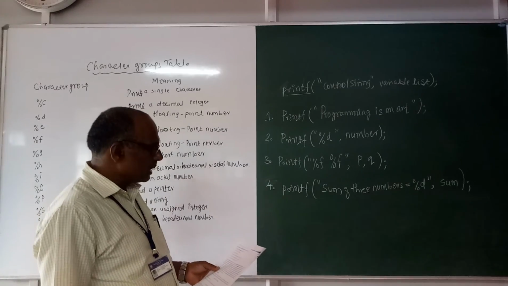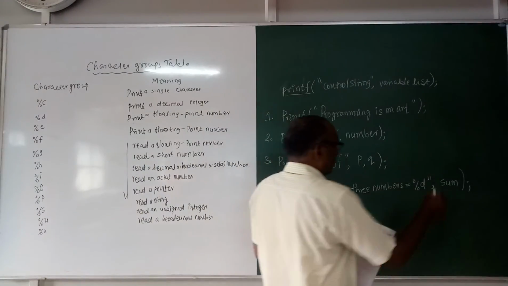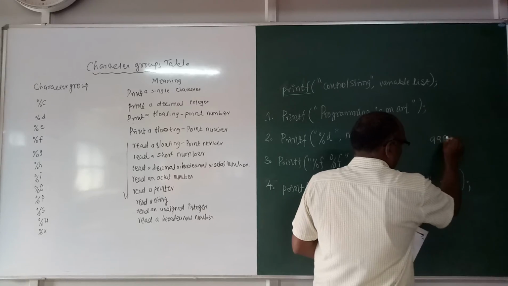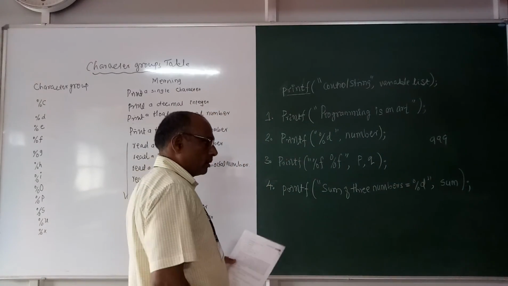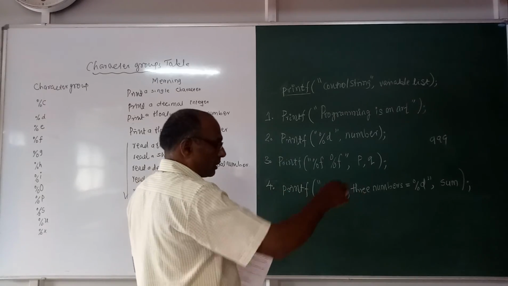If the sum of three numbers is, say, 999. What are these three numbers? We are not given.